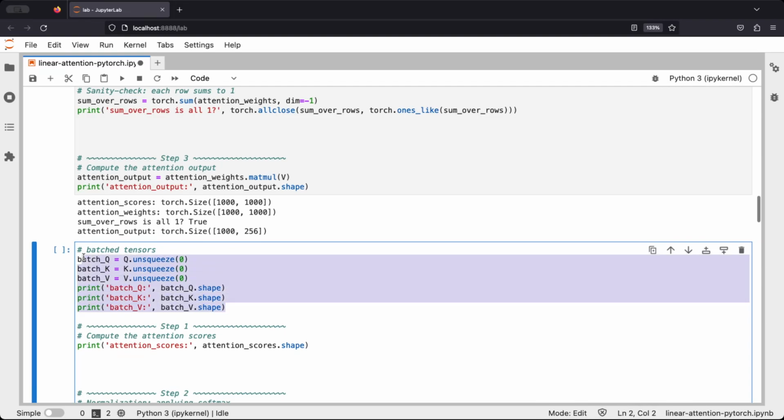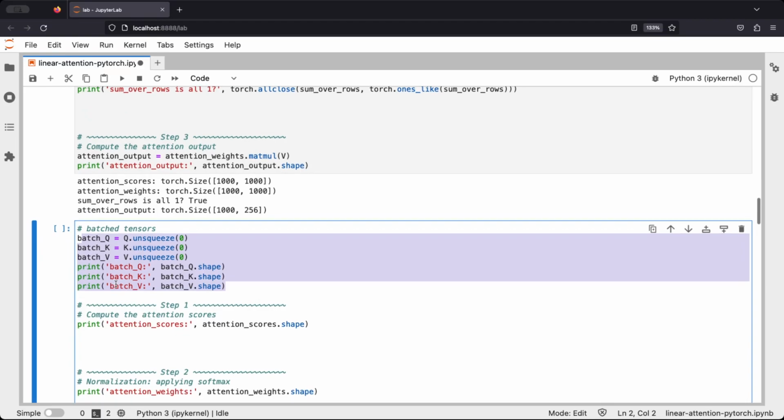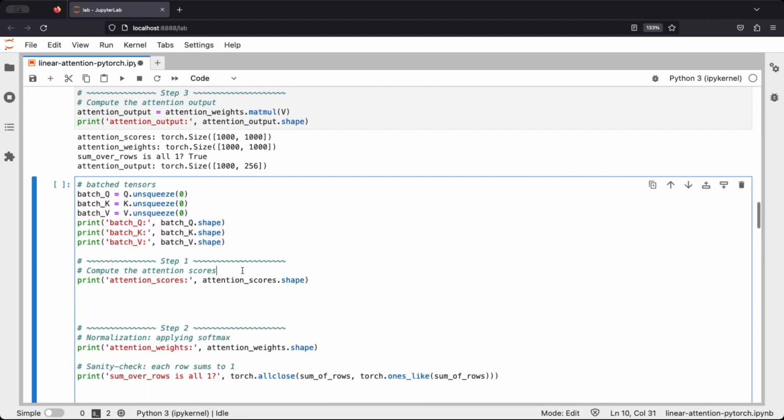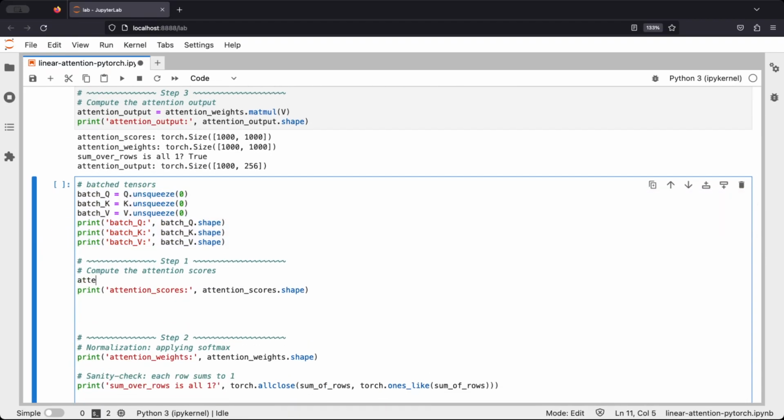Alright, so now we have the batch versions of query, key, and value. And now to compute the attention scores, that is the QK transpose, we cannot use the matmul, we should use torch.bmm, that is the batched matrix multiplication, and we provide the two matrices that are involved in this dot product as arguments.